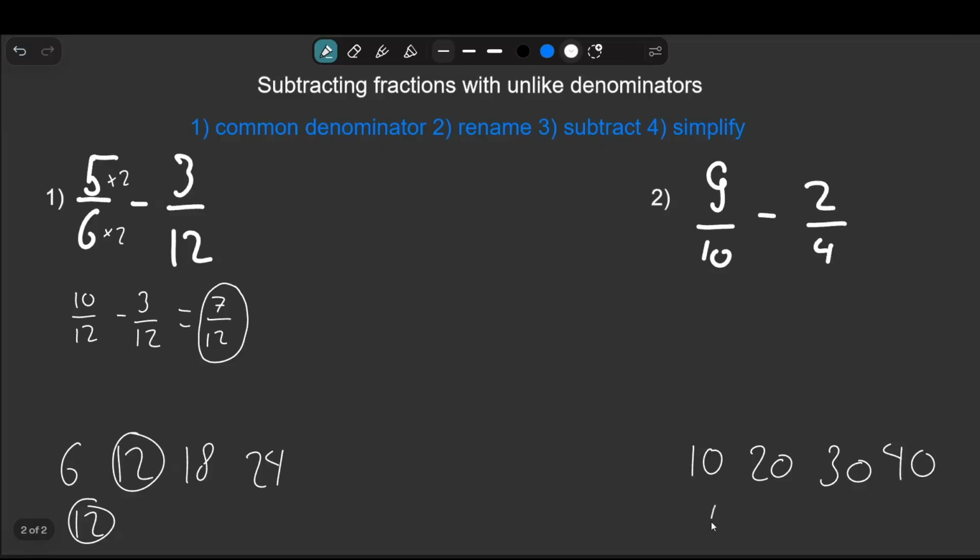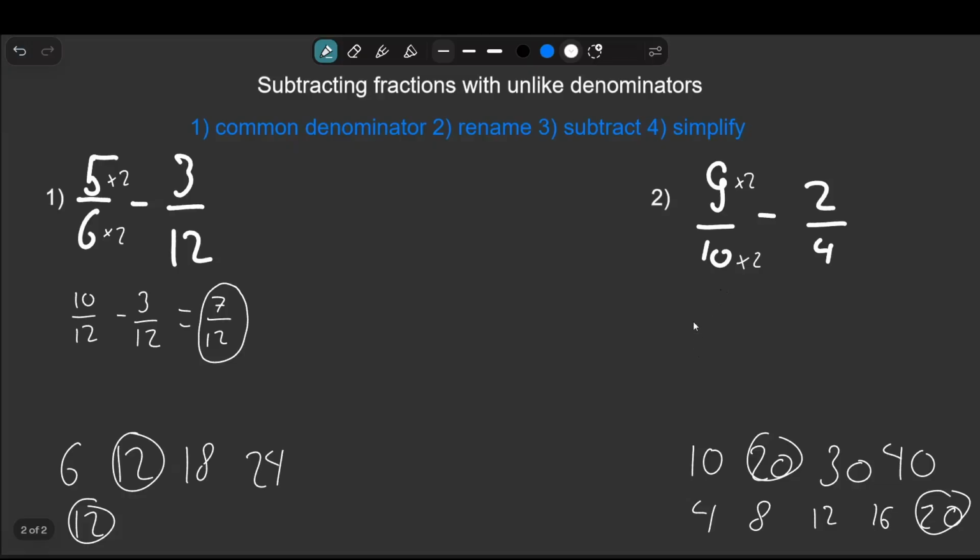And now for the 4: 4, 8, 12, 16. As you can see, we don't have a common multiple here, so we just extend the list. After 16 comes 20. Then we have the least common multiple. So 10 times 2 equals 20. So we do times 2 here and times 2 here.